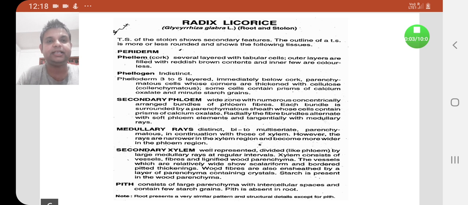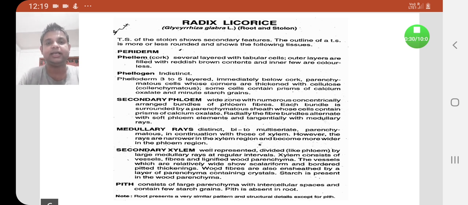The medullary rays, as I mentioned, are biseriate to multiseriate and contain parenchymatous cells. They are also present along with the xylem vessels. However, the medullary rays are narrower in the xylem region and much wider in the phloem region. So these are the very important characteristic features of the medullary rays.